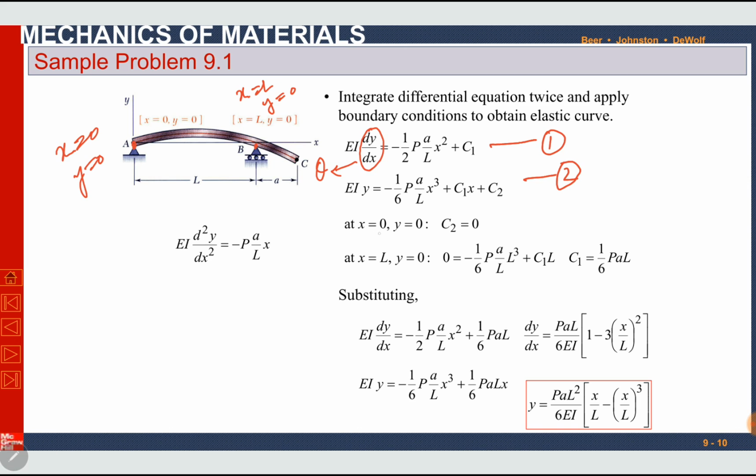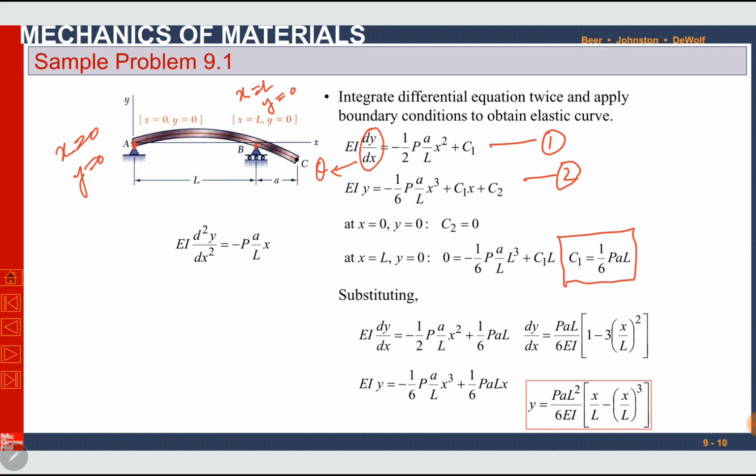By putting x equal to 0 and y equal to 0 in expression number 2, because this is related to y, C2 becomes 0. Again, by putting x equal to L and y equal to 0 in expression number 2, we get C1 equal to 1 over 6 PAL.